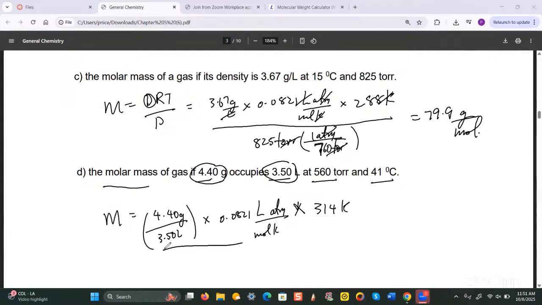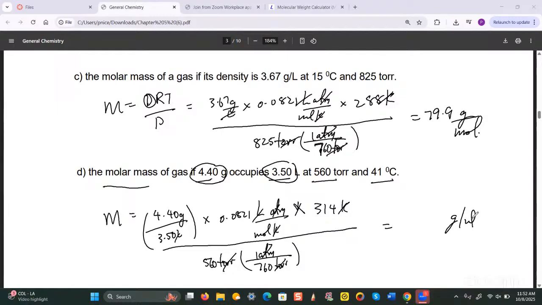Then you divide all of that by the pressure, which is 560 torr, but you have to convert to atmospheres again, so 1 atmosphere over 760 torr. The torr, atmosphere, Kelvin, and liter units cancel, so again your answer will be expressed in grams per mole.